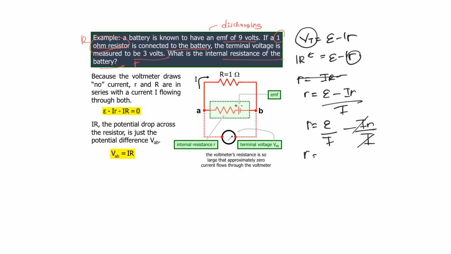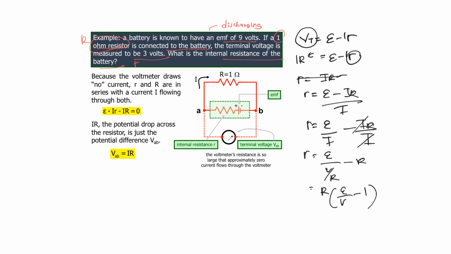Because now our problem is we don't have any value of current, so I equals V over R. This is capital R, right? This is capital R. So I'm going to get r equals EMF over V, minus 1, times R.